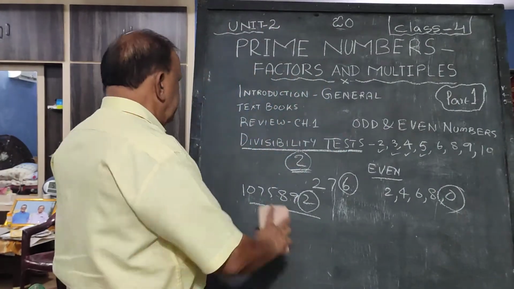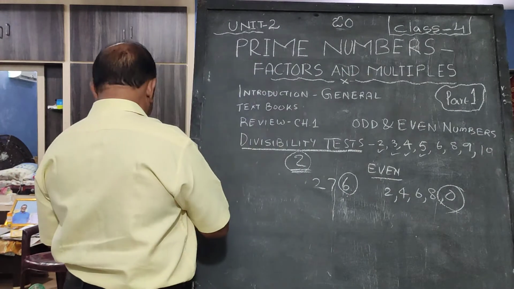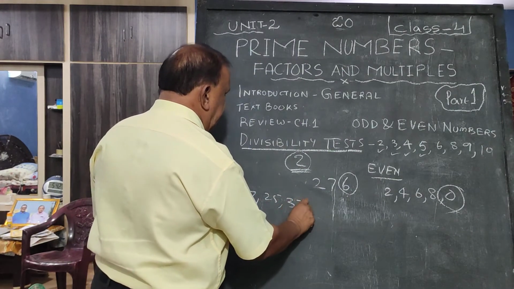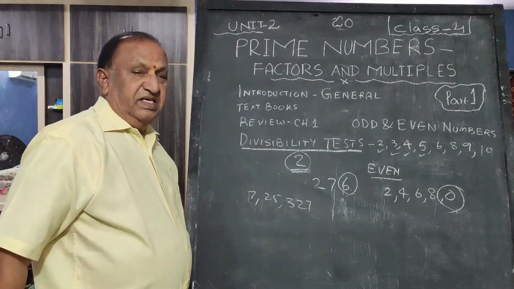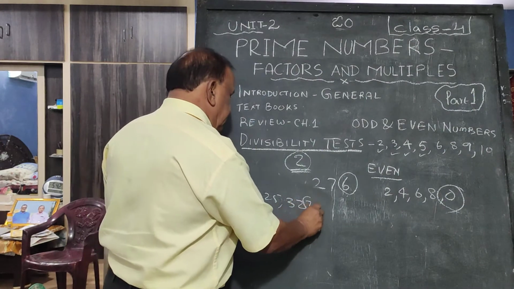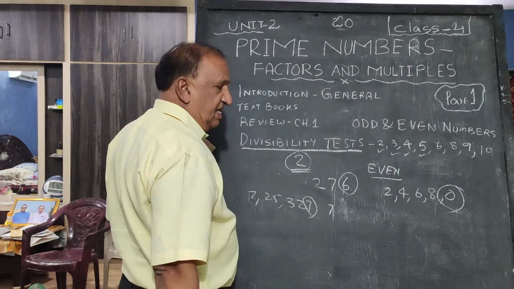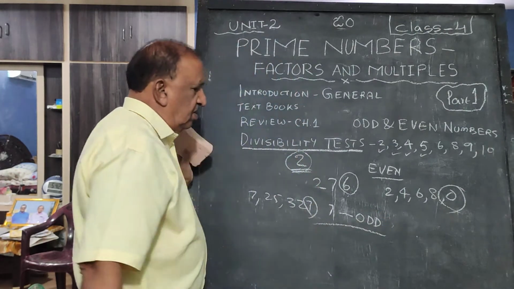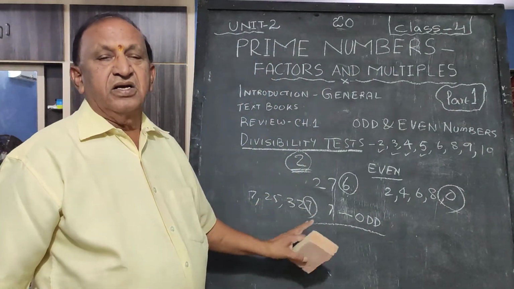For example, I will give you another example. 725327. Is this divisible by 2 or not? Here the number in the units place is 7. 7 is odd, O-D-D, odd. So this is not divisible by 2.